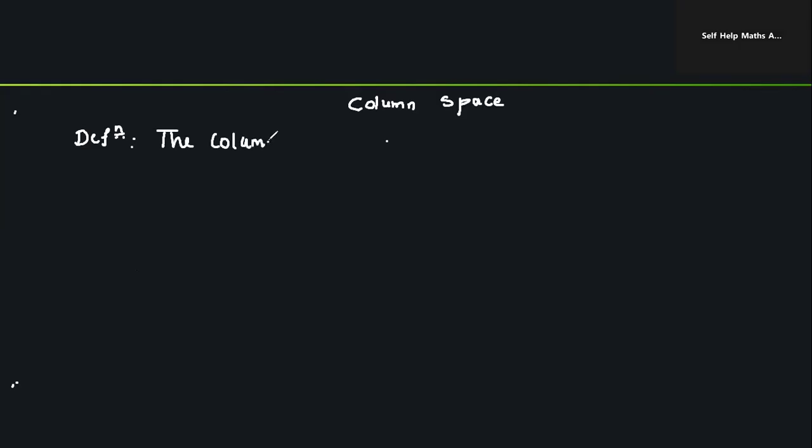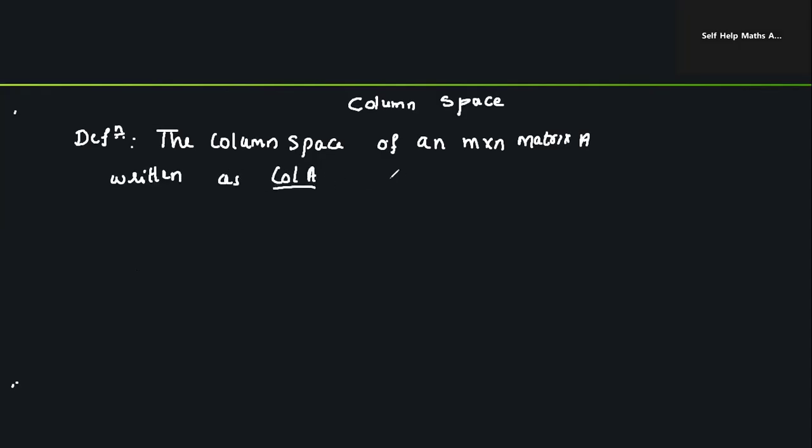The column space of an M cross N matrix, say capital A, usually written as Col A, is the set of all linear combinations of the columns of A.